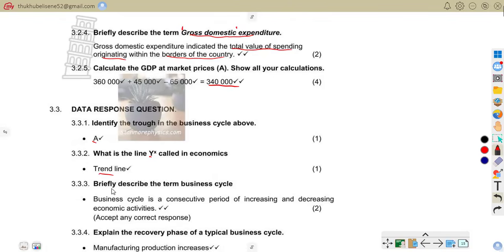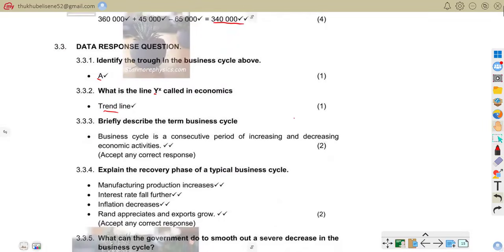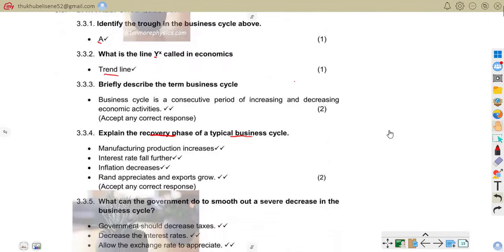The other one was saying, briefly describe the term business cycle. As said, a business cycle is a consecutive period of increasing and decreasing economic activities. We already explained that. Now we are to explain the recovery phase of a typical business cycle.